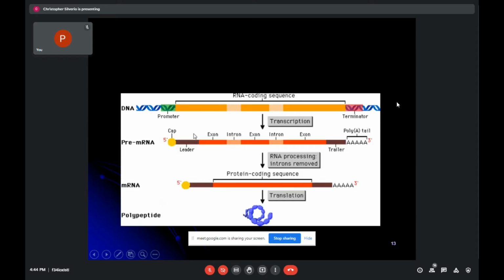And here is now the DNA. Okay? The DNA is transcribed to pre-messenger RNA.